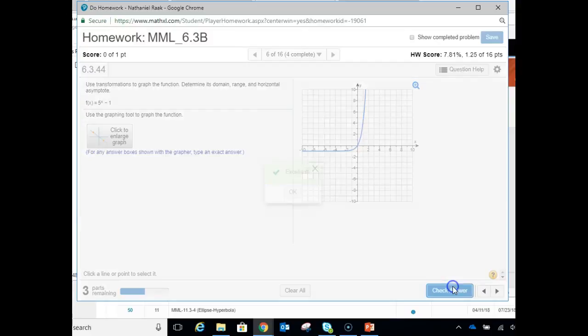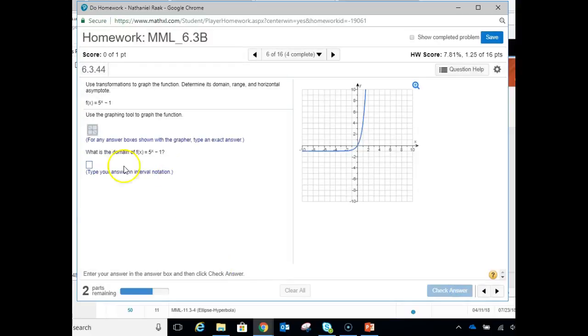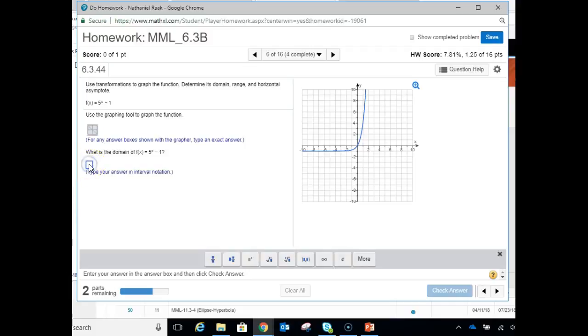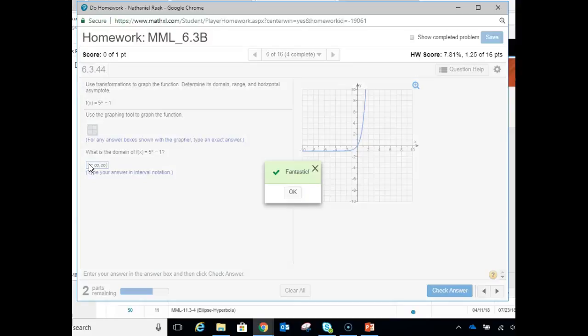I'll go ahead and check it. And excellent. Okay, it's going to ask for some more information. The domain, just as a review, can be anything, from negative infinity to positive infinity.